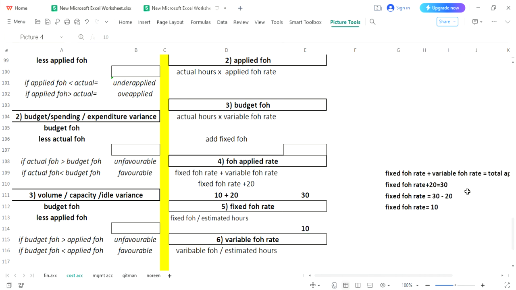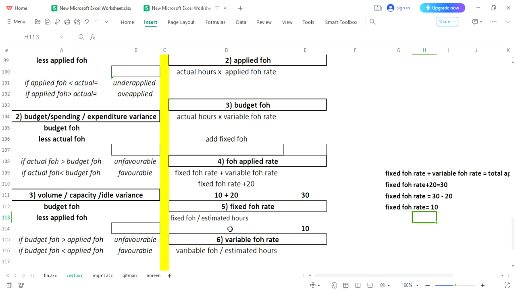You can see we have calculated fixed FH rate 10 by using this formula. But we do not know how many estimated hours there are, since estimated hours are not present in the question, so there is a question mark for estimated hours. Though we do know fixed FH, estimated hours are unknown.